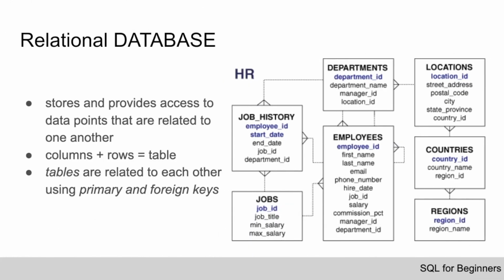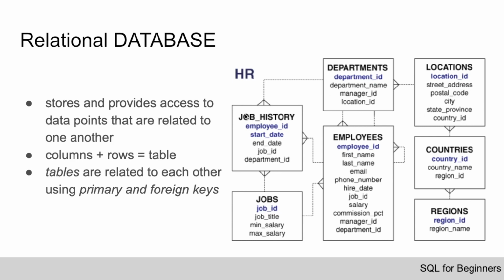In this video, we're going to talk about the relational database. Probably you know what a relational database is intuitively. So first of all, a relational database consists of multiple tables. For example, if you look at the HR database, we can see that it consists of these tables, which are called departments, locations, countries, regions, and so on.